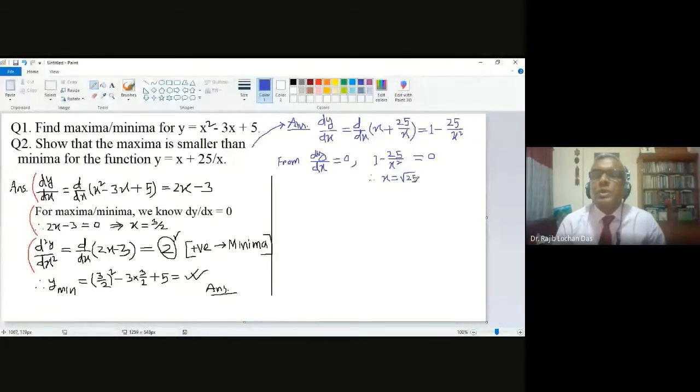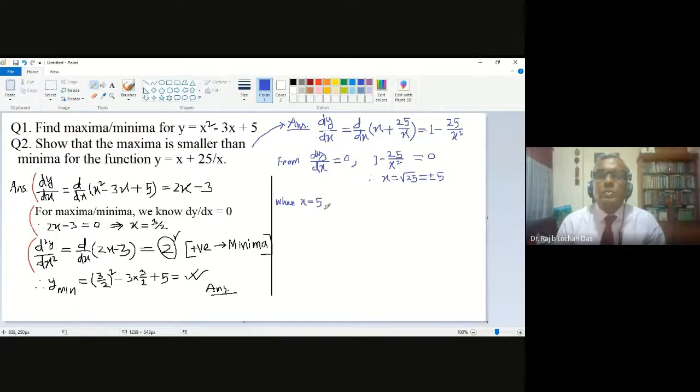So you have two answers, one is plus 5, one is minus 5. Both answers will be used. In the next step, you put both. So first think about when x equals plus 5, just taking one x value, that means only 5.